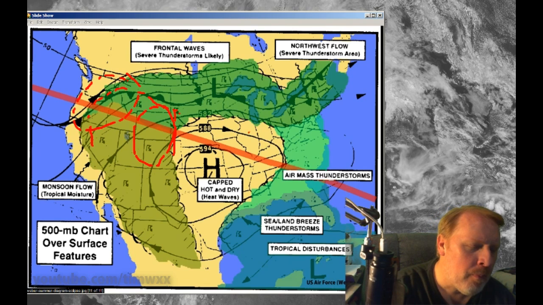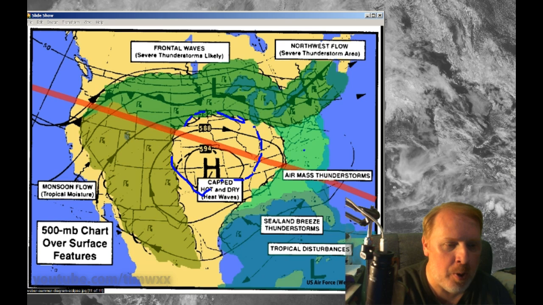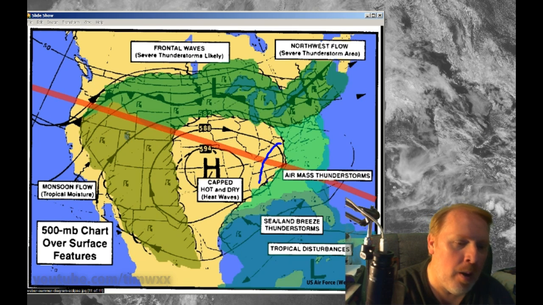Normally, in August, things are pretty good through the Great Plains into the Midwest area. But you can see that we do tend to have a problem with air mass storms anywhere from Nashville back to the Carolinas and Georgia.